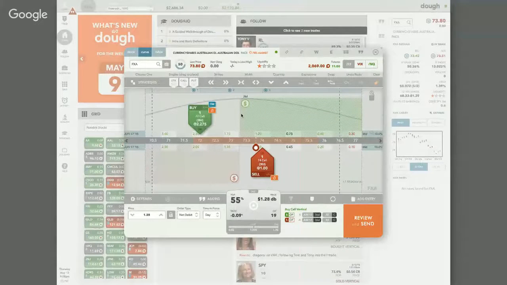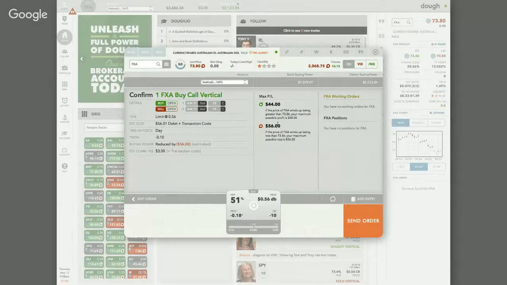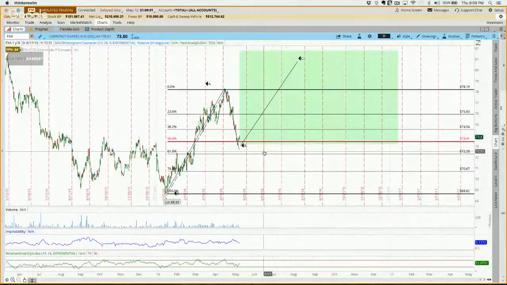Okay, let's do a 74 and 70. All right, it's okay. 44, 56. So 56 will be the margin that I'm putting up, okay, to establish this debit spread.